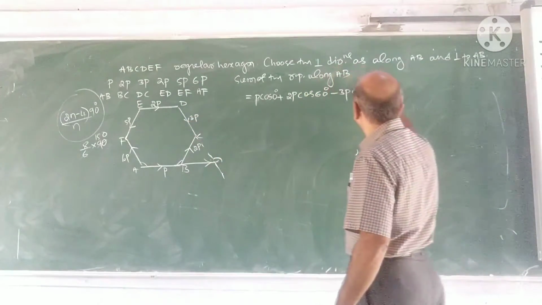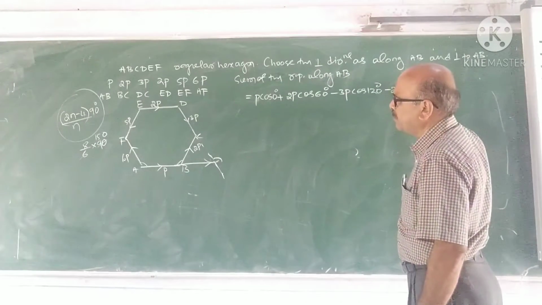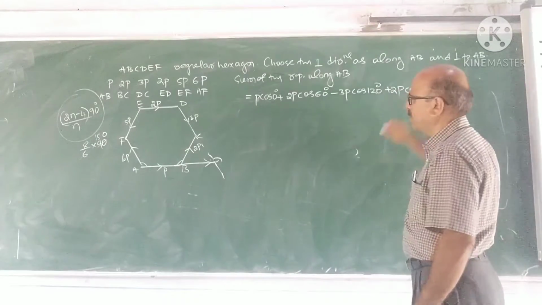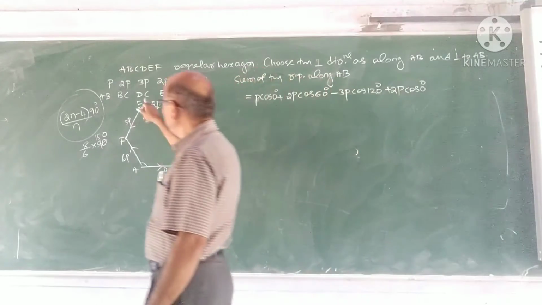Then next, plus 2P cos 0 degrees, parallel it is. And what is the angle made by EF?